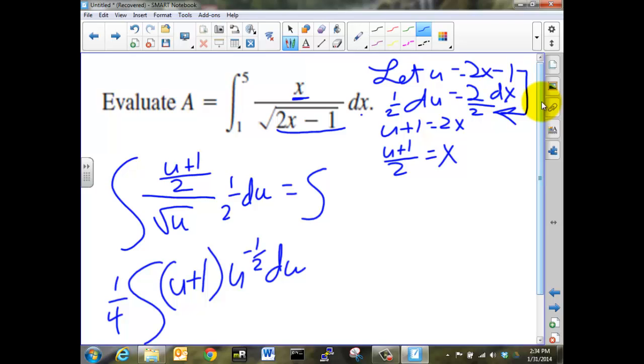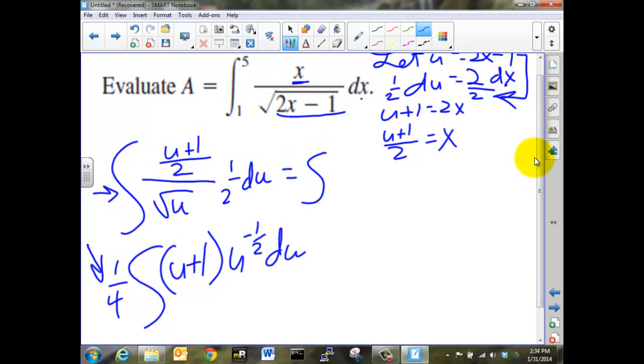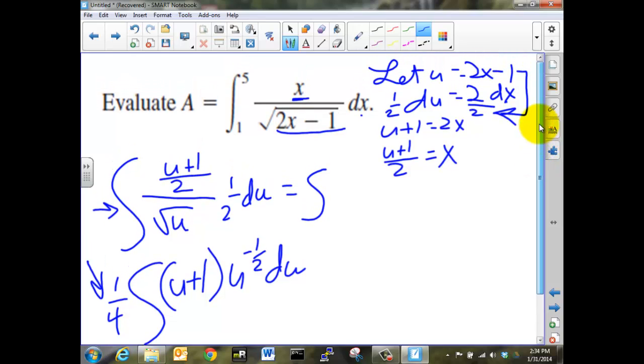Now, how did I get from this line down to that line? du was the derivative of this thing up here, which was 2 dx. But we don't have a 2 up here. So we decided to divide both sides by 2. Since it's a constant number, it's legal to do that. Then in place of this dx right here, we can simply put in this expression, 1/2 du. I'm just doing some algebra substitution there.